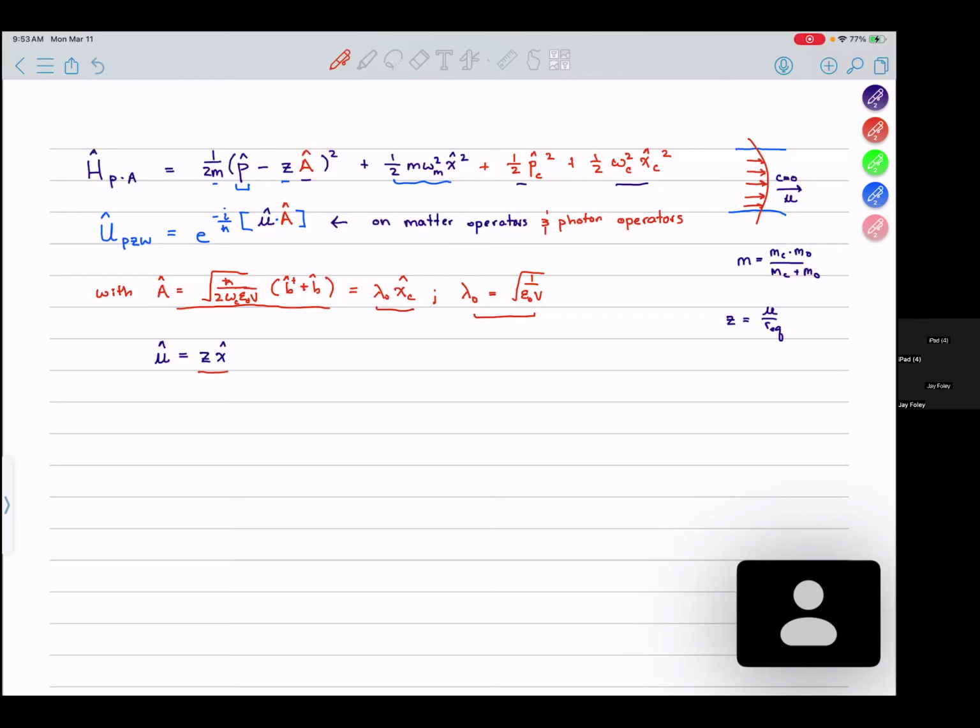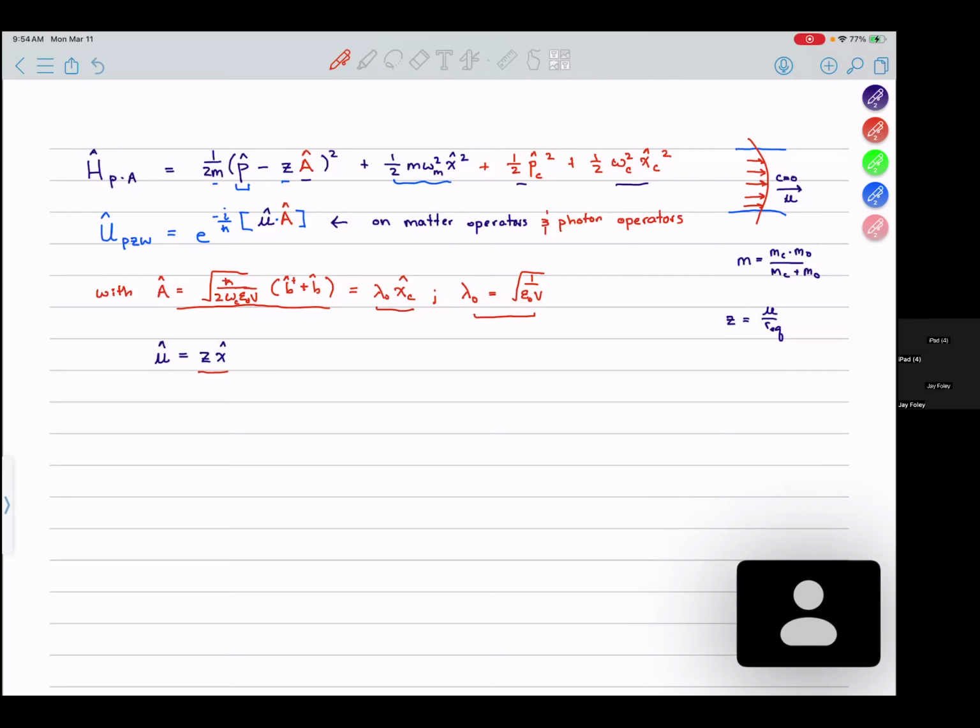Okay, so as I've done that, one of the things that I can see is A hat and mu hat, those are the operators in PZW, they're both position operators, right? So one is a position operator for the matter multiplied by some stuff, and the other is the position operator for the photon multiplied by some stuff. Okay, and so that's actually going to be really important for what is the action of this transformation on the operator.